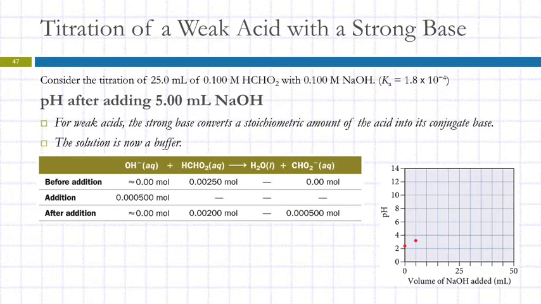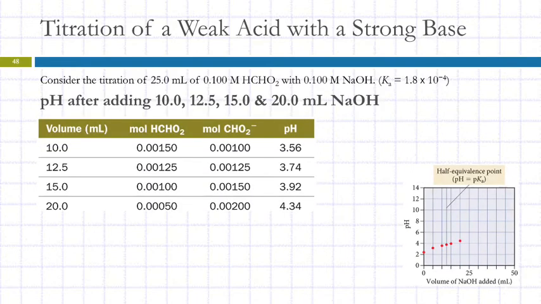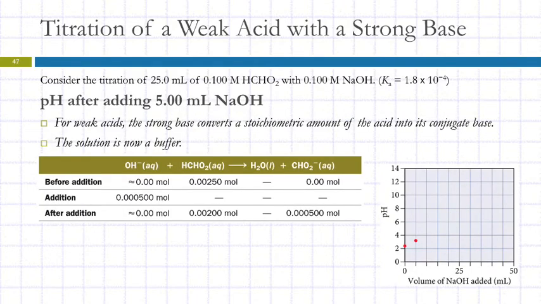This is now a buffer solution. And we determined earlier that x is small seems to be working here, so we can use the Henderson-Hasselbalch equation. So we can say pKa plus... Now, do I have to figure out what the new volume is and divide each of these by the volume? I did in the other one.